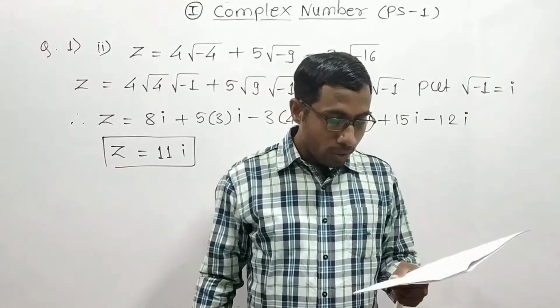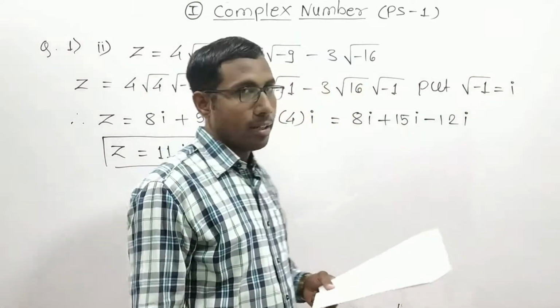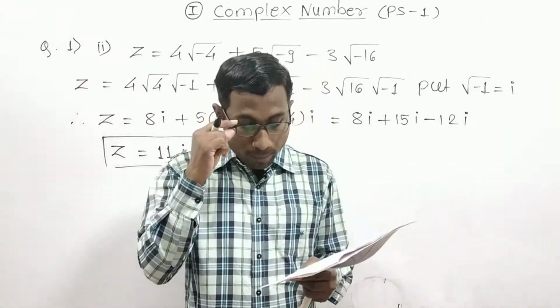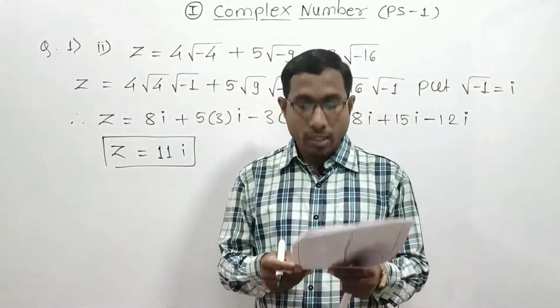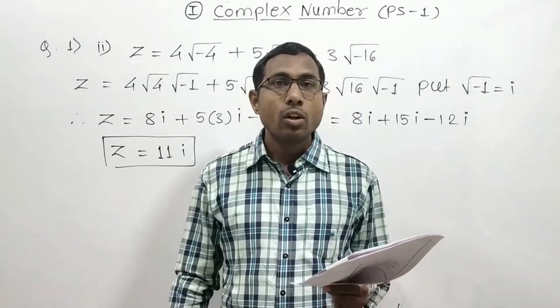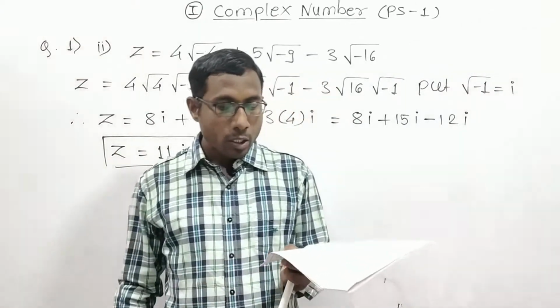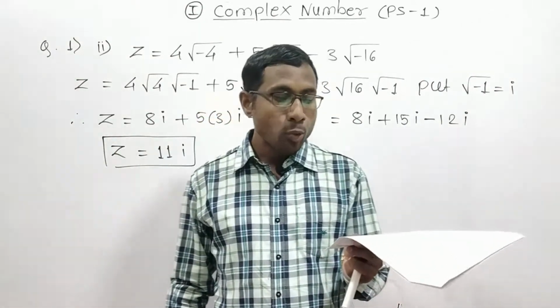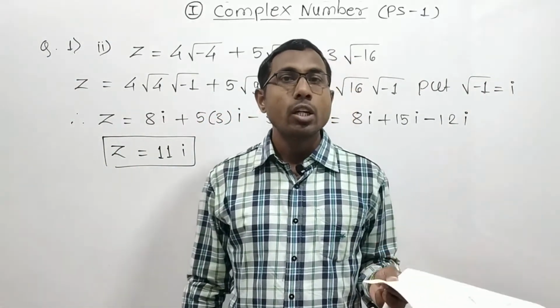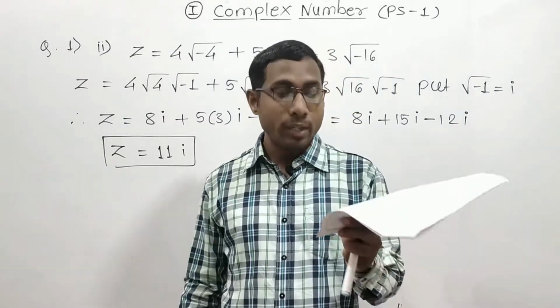Question number 2. Write the conjugate of the complex number. First bit 3 plus i. I will tell it orally because this is a simple bit. Conjugate will be 3 minus i. Second bit 3 minus i, conjugate is 3 plus i. Next, third bit minus root 5 minus root 7i, conjugate will be minus root 5 plus root 7i.